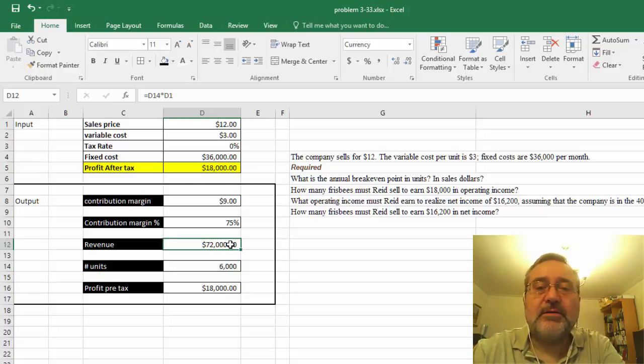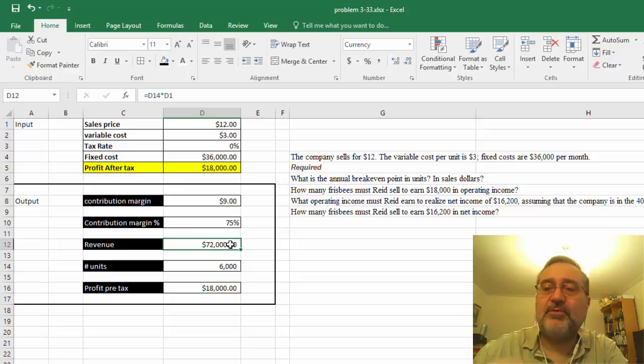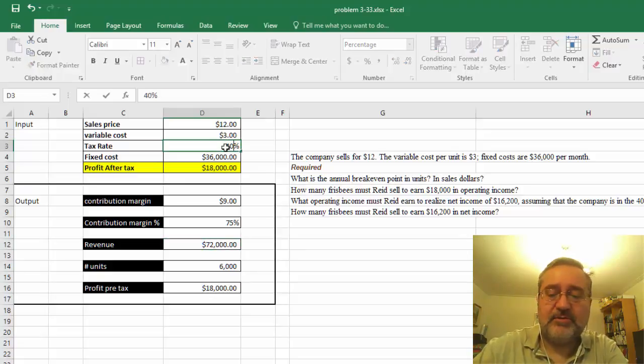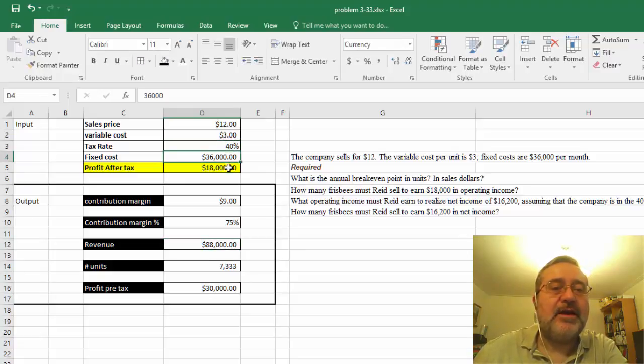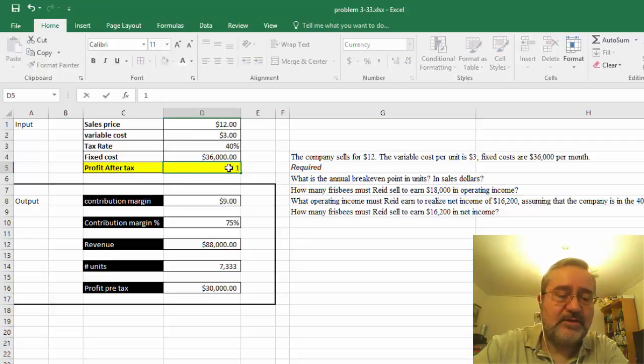The next problem: what operating income must Reed earn to realize an income of $16,200, assuming the tax rate is 40%? So now what we want to do is add the tax rate, which is 40%, and our after-tax profit, the realized profit, is $16,200.